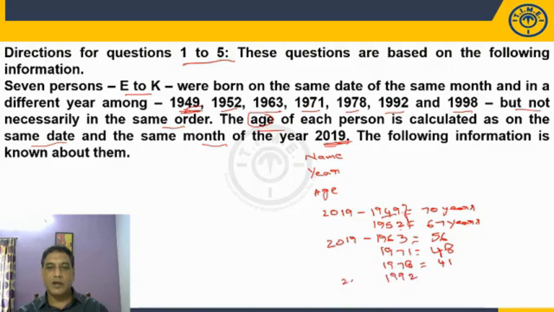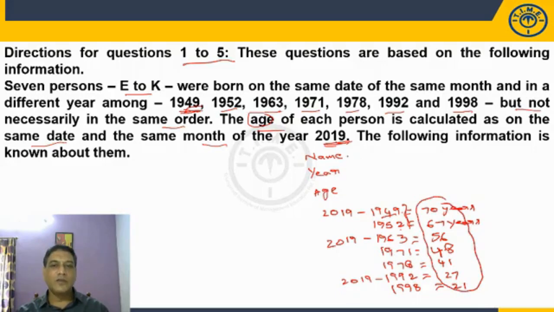So 2019 minus 1992, 27 years. 1998, that is going to be 21 years. So these are all the ages of the persons.